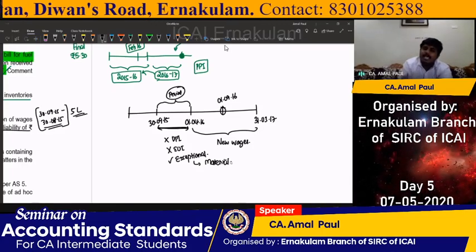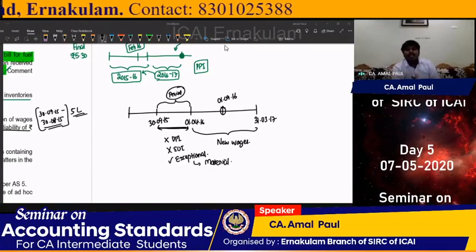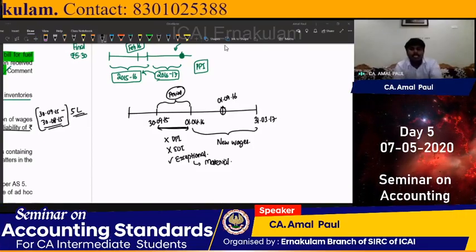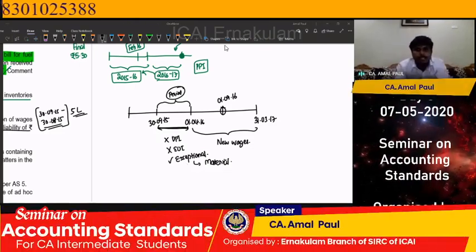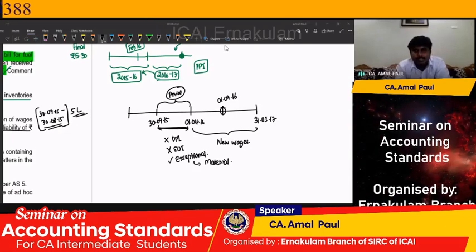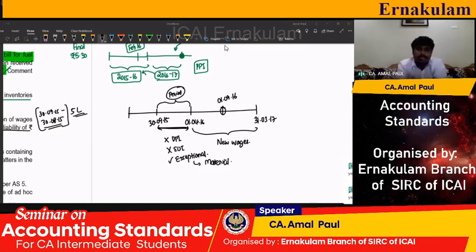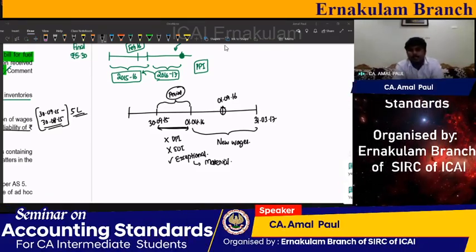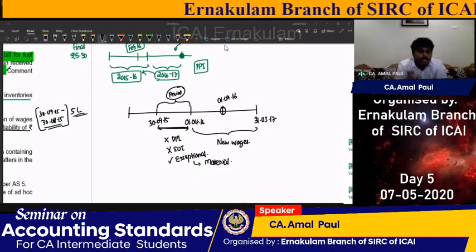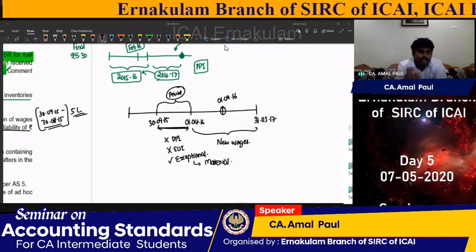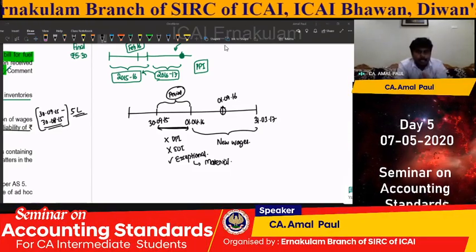If it is of such size, nature or incidence that it is disclosed separately to understand the financial performance of this entity, then you can treat it as an exceptional item. If it is so material to this entity, then it needs to be treated as an exceptional item. Are you clear with this? That is how it does not become an extraordinary item or prior period item.